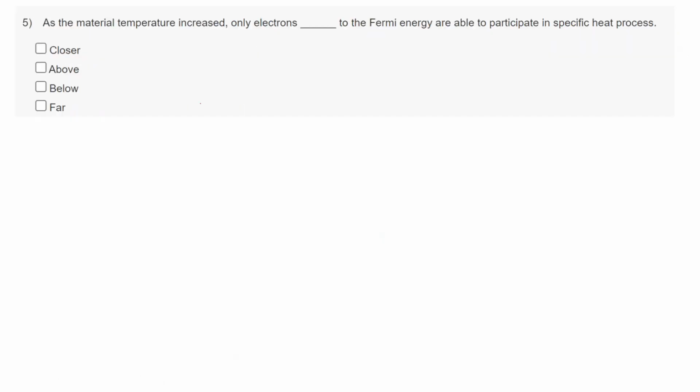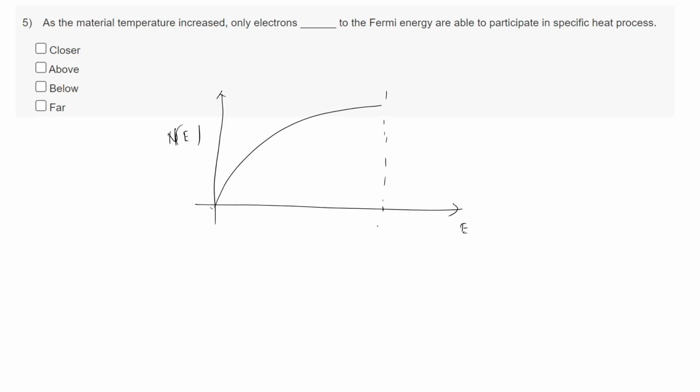Okay, so as the material temperature is increased, only electrons close to the Fermi energy are able to participate in the specific heat process. Now if you remember this diagram, E and N of E, these are the electrons which have occupied the energy levels, and this is E_F.